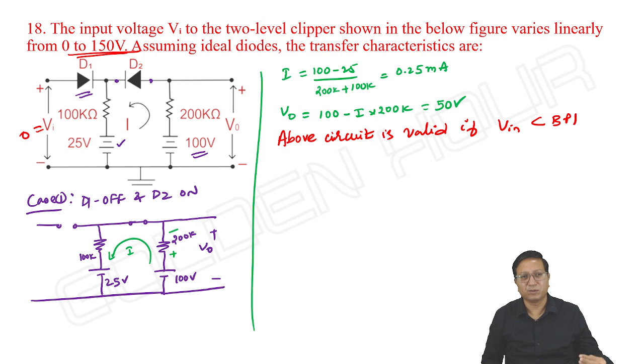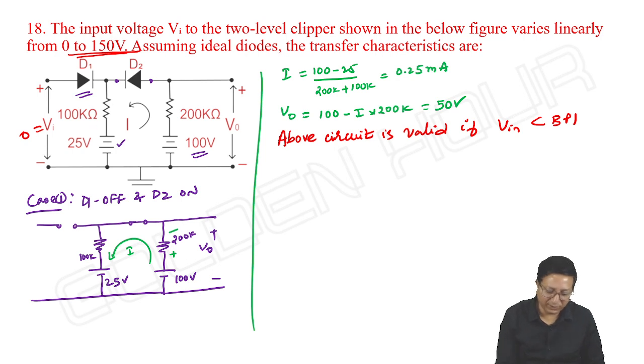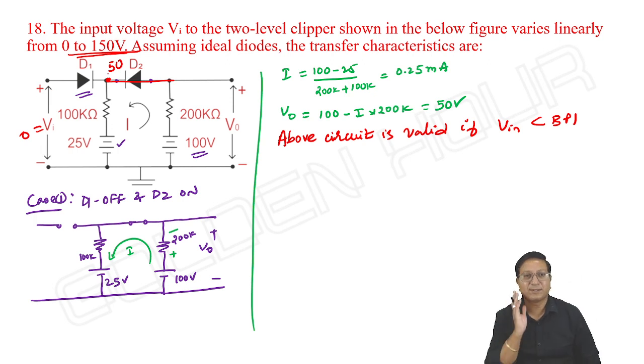Input is going from 0 volts, 0, 1, 2, 3 like that. It may be 25 volts, whatever it is. We do not know. Anyway, once D1 is off, D2 is on, output is 50 volts. So how long is this possible? It looks like, anyway, it is short circuit, no?